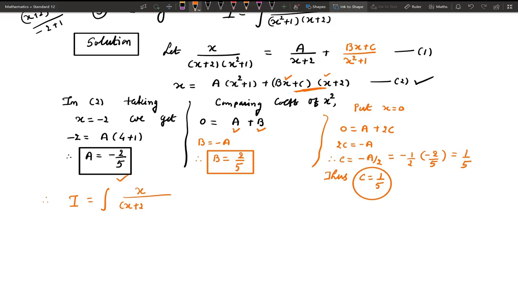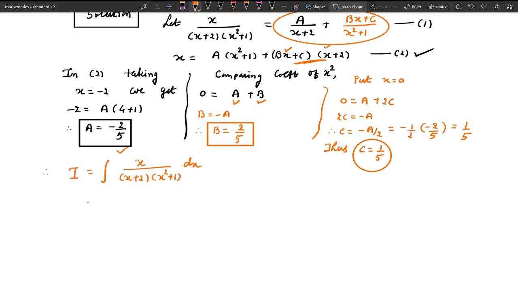And therefore finally the integration I equal to the integral of x upon (x plus 2)(x square plus 1) dx. We use this by substituting the values of unknowns a, b and c. So it is the integral of minus 2 by 5 upon x plus 2, plus (2 by 5 x plus 1 by 5) upon x square plus 1, dx.